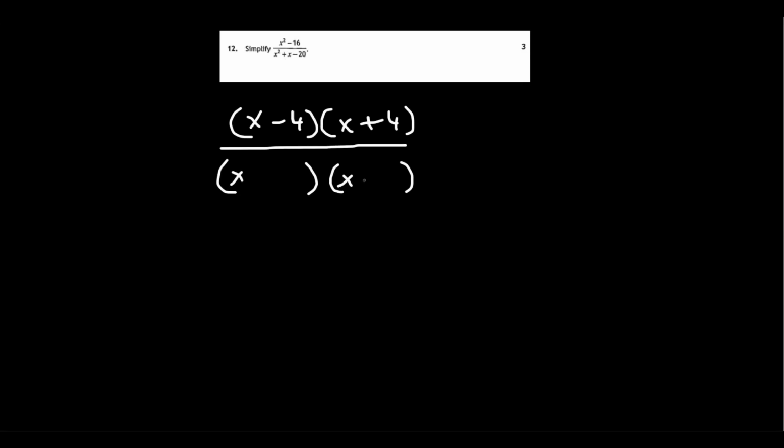So that would be 5 and minus 4. And then we just simplify by cancelling the common factors. So we get (x plus 4) over (x plus 5).